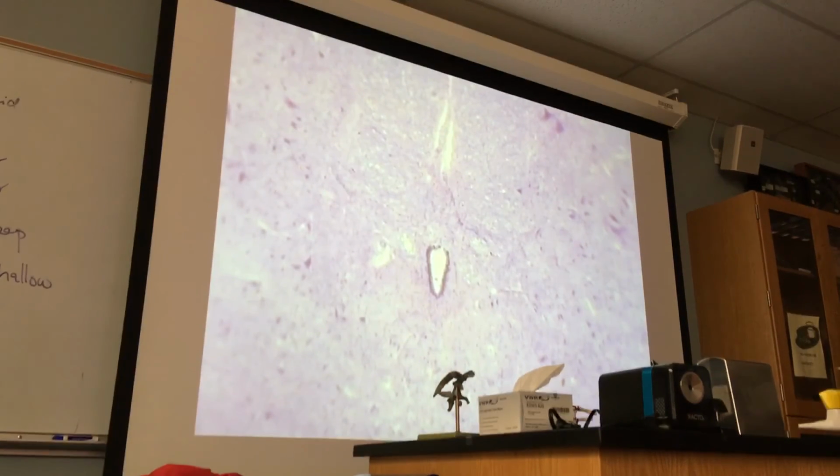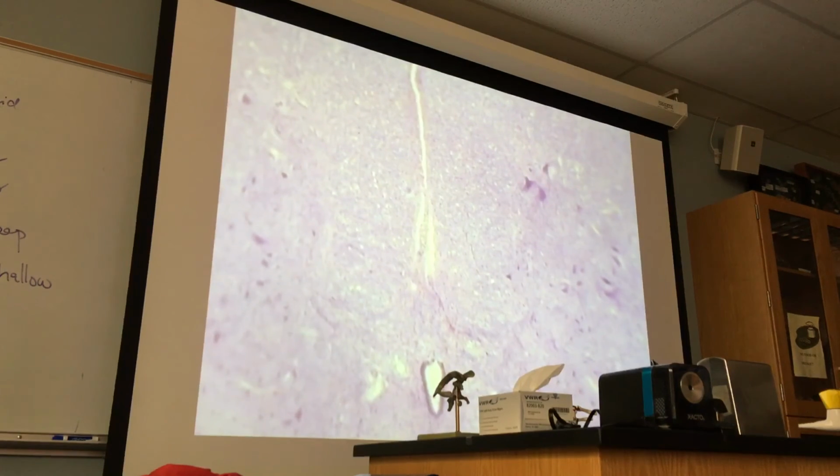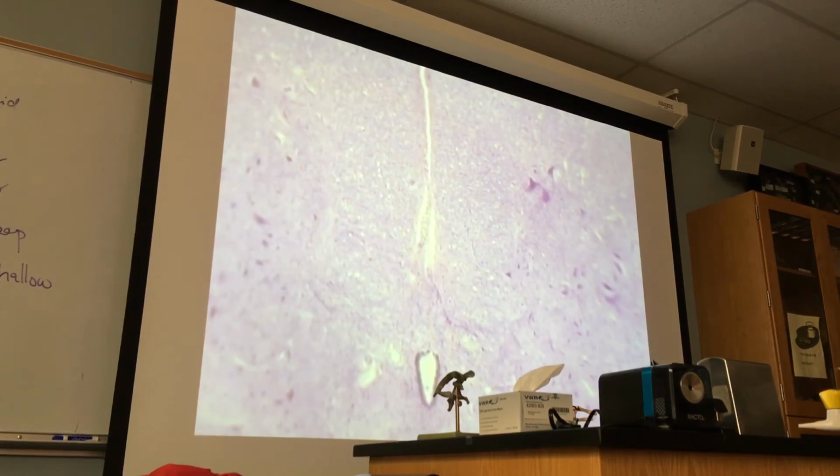Look at the gray matter and the white matter. And I told you this deep furrow is called the anterior median fissure. So this is the anterior side or the ventral side. This is the problem with this type of microscope.